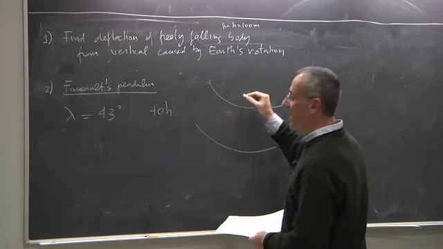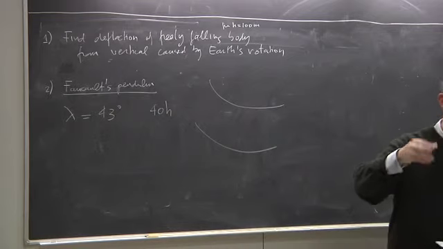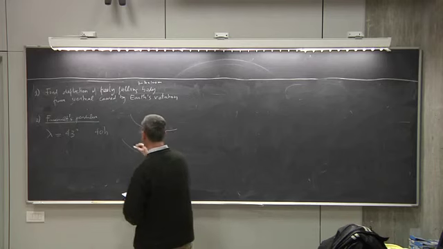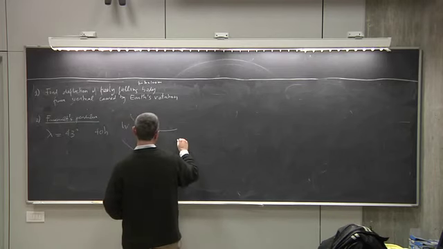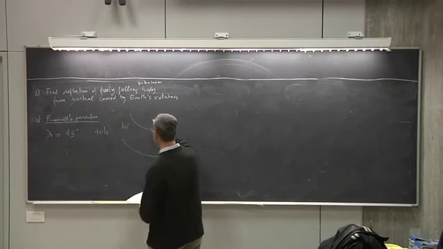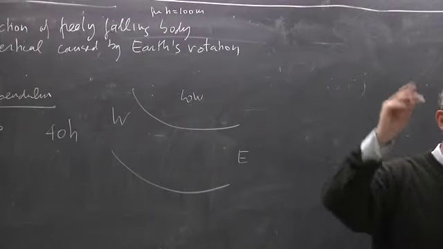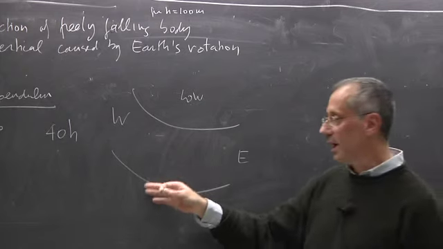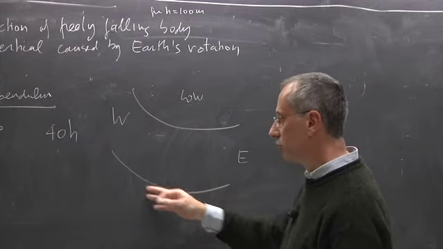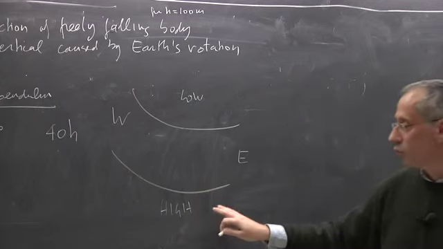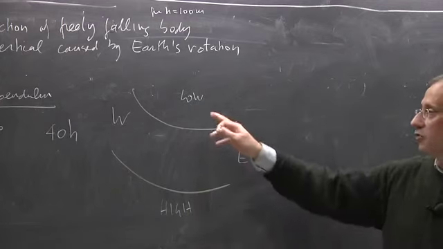In general, of course, high and low pressures change with time. But on the average, if this is west and this is east, you expect to have low pressure higher north, and roughly at the tropics, you have high pressure. Here is warmer, here is cooler.